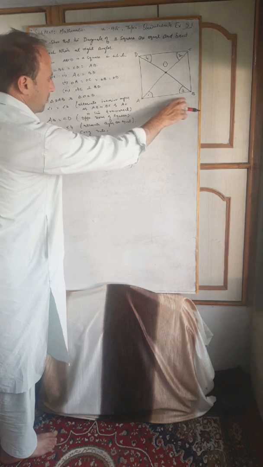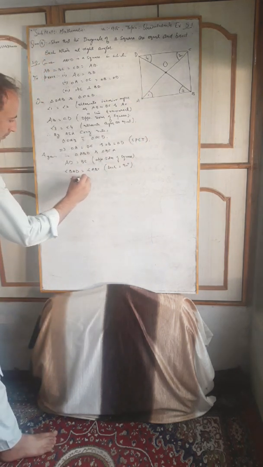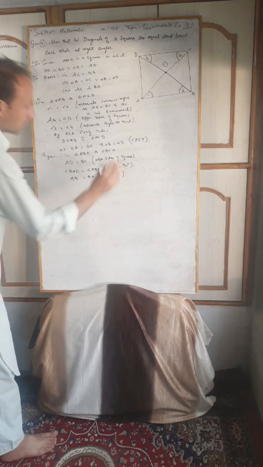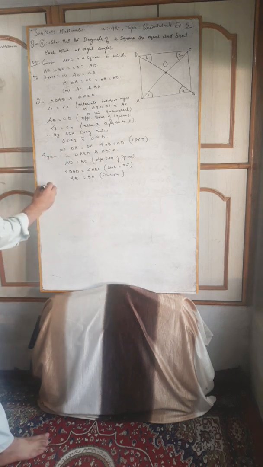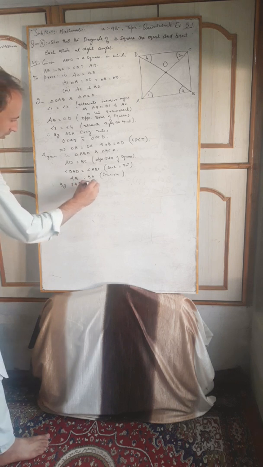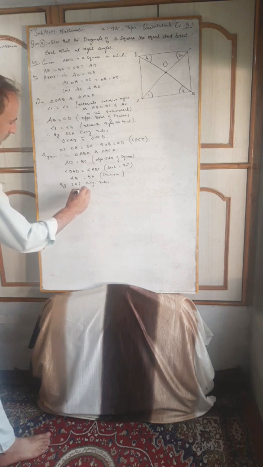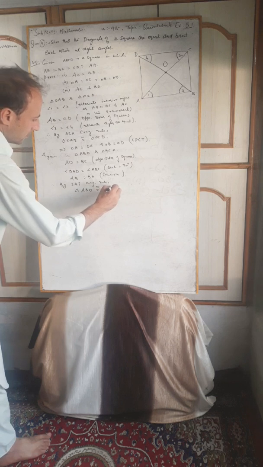AB is equal to BA, that is common to both the triangles. Therefore, by the SAS congruence rule, triangle ABD is congruent to triangle BCA.